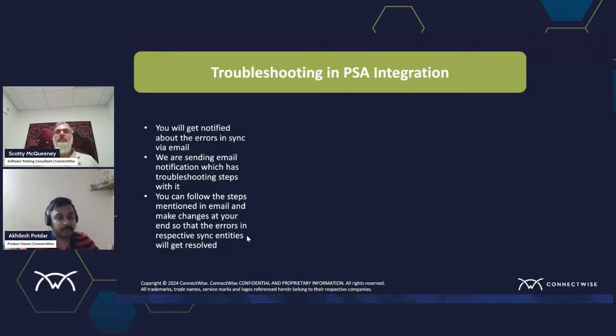In the email notifications, you will receive an email for any one of the error categories. In that email, we will also provide you with the troubleshooting steps. Your work, after you receive an email, is just to follow the steps mentioned in the email, and those steps will help you to resolve the error at your end only.